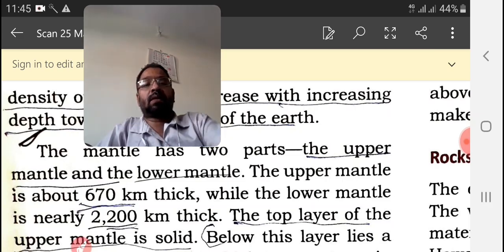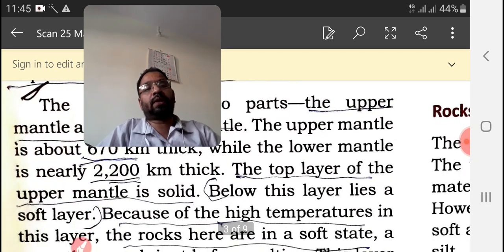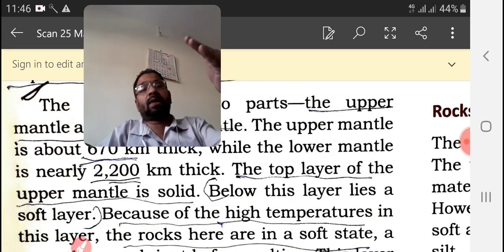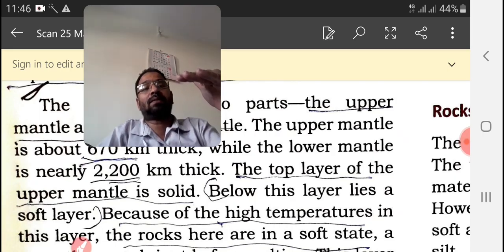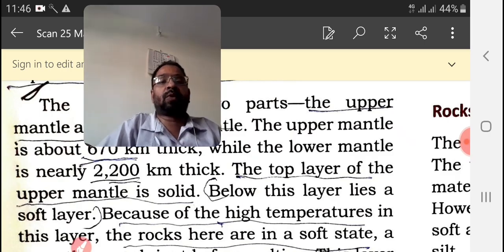The top layer of the upper mantle is solid. The topmost layer of the upper mantle we can again divide into two. One is a solid layer, another one is a little molten type of liquid. Below this layer lies a soft layer.